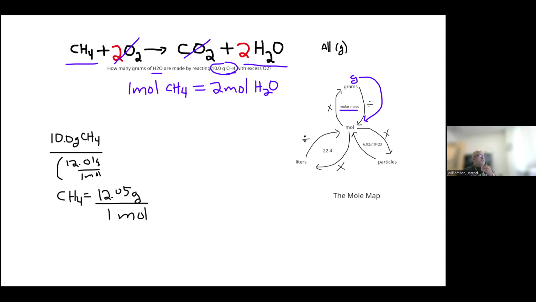But what I'm going to do is invert and multiply, because that's how chemistry professors like to see it done. So I'm going to take this fraction and turn that frown upside down.